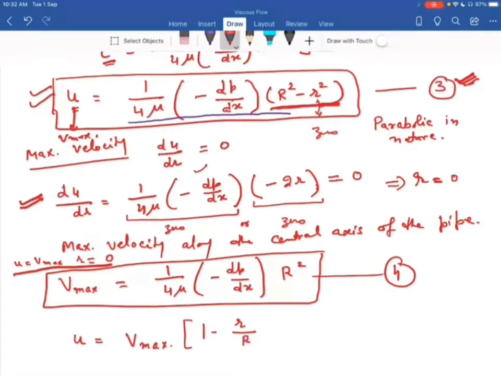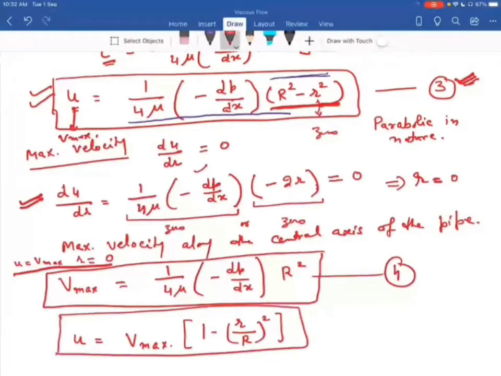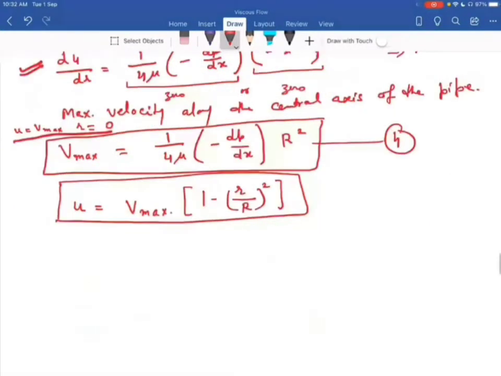From this part, I take capital R square out. So the term outside is the Vmax, and within the bracket you have 1 minus small r upon capital R square. This equation is another form of the velocity profile in a circular pipe. So u equal to Vmax into 1 minus small r divided by capital R, whole square.